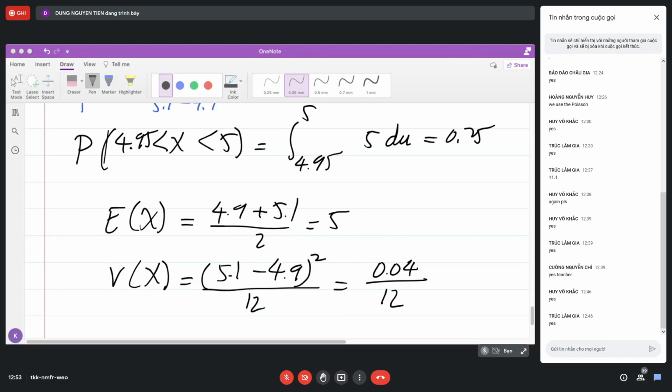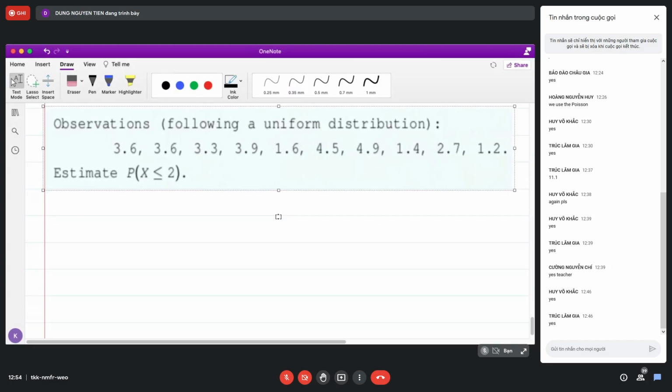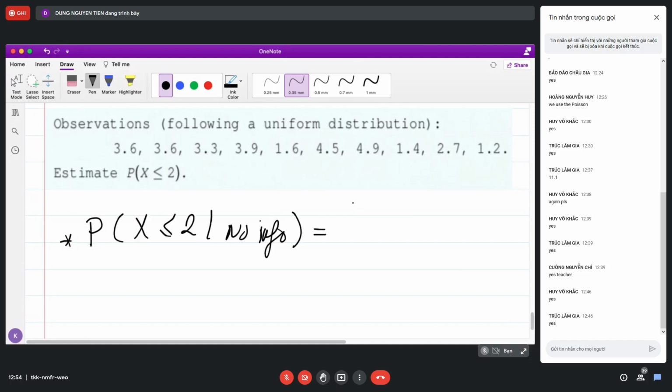Let's consider this example. Suppose that we have the following observations. Can you estimate the probability that x is less than 2 again? Well, if you find the probability that x is less than or equal to 2, given no information, if you don't have the assumption of uniform distribution, then you can use the empirical distribution to get that.